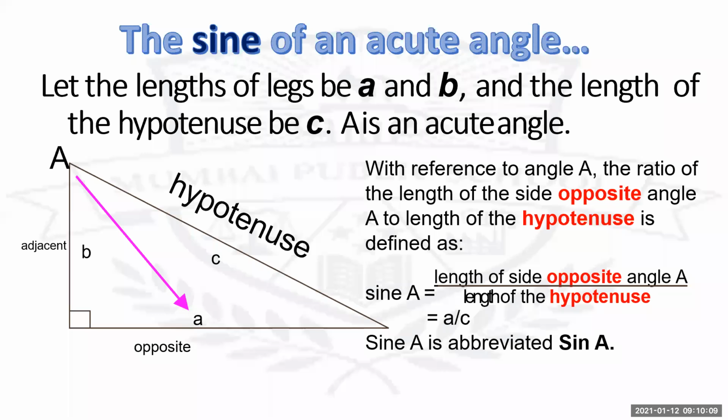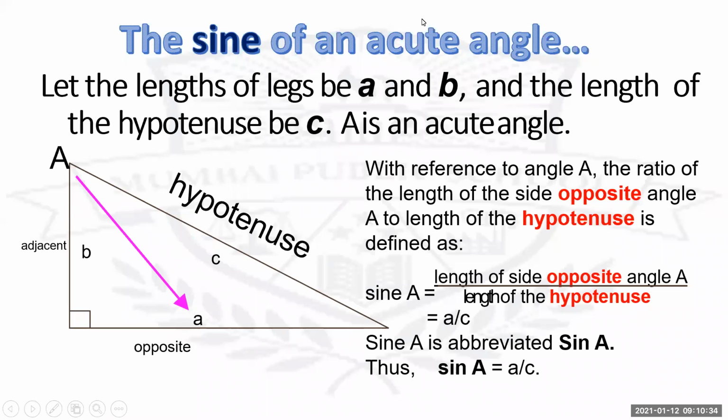So sine A is abbreviated as sin A. This sin A equals a upon c. SOH, I told you: S for sine, O for opposite, and H for hypotenuse.